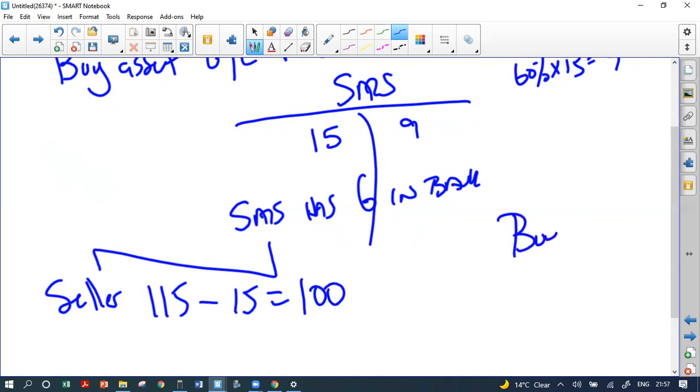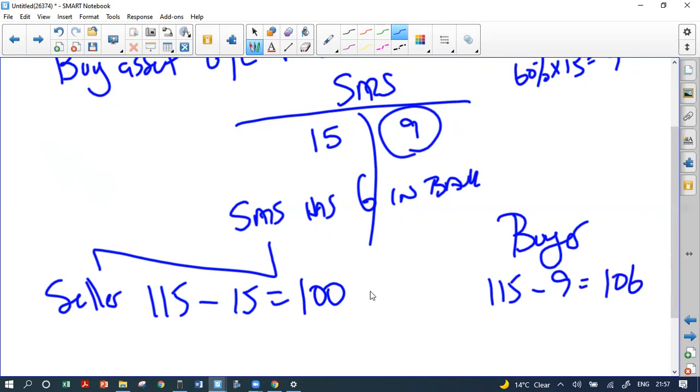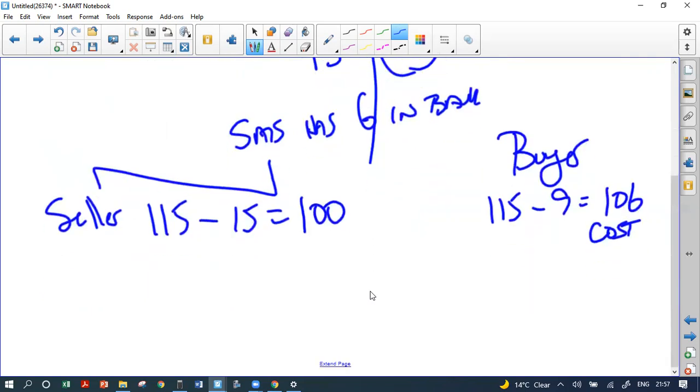The buyer pays 115 Rand, claims 9 Rand input. Therefore, he's got 106 Rand cost. Now, that is if the transaction is not zero rated.